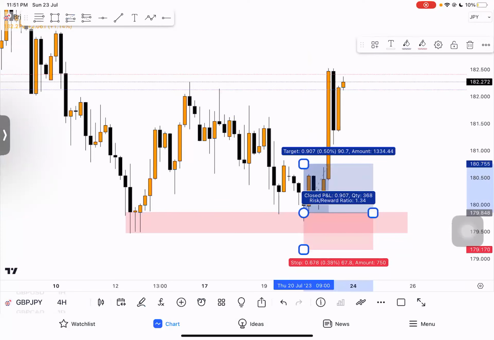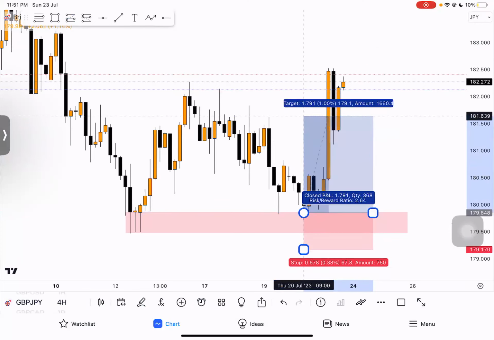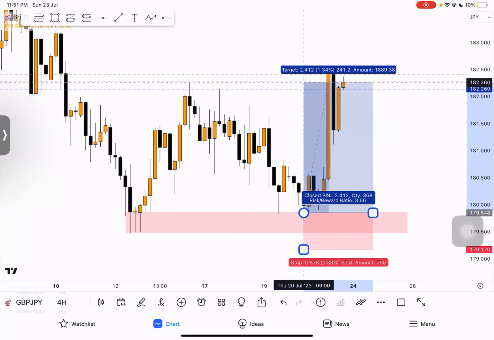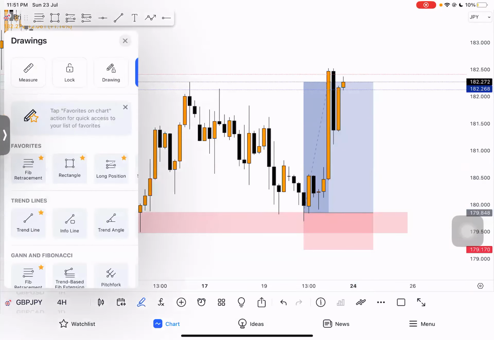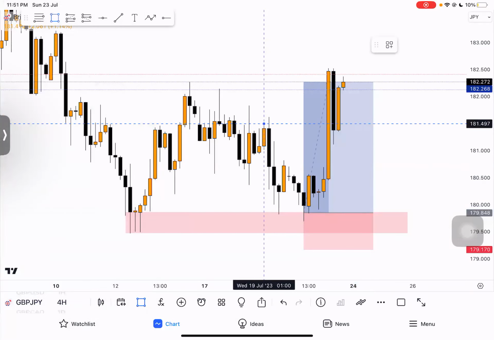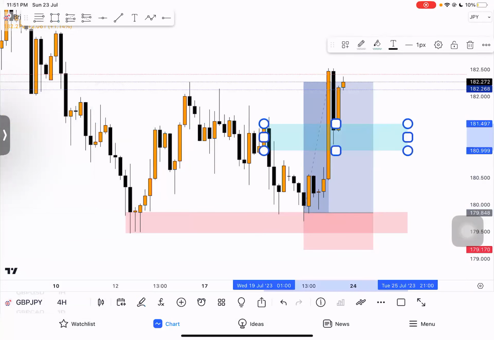Your SL is slightly below. You target your TP at the previous high somewhere around here. When should you move your SL to break even? When you touch the sell zone. This is a sell zone, so before you go into the sell zone, you have to break even your position, in case it reverses and hits your stop loss.